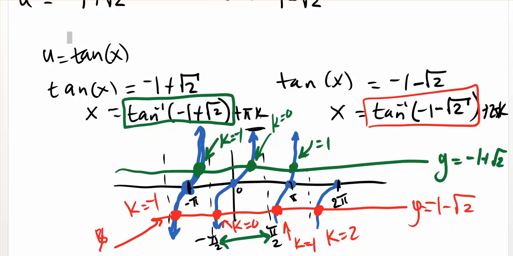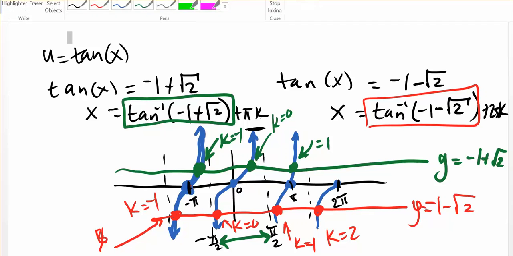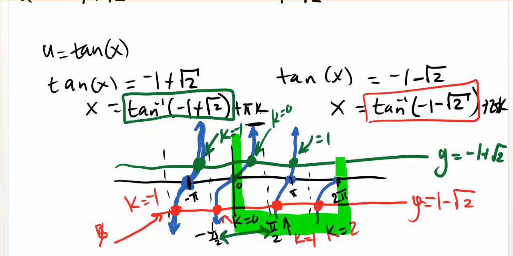You'll notice that the first solution for this one here is not included in 0 to 2 pi. So the first solution we use is this one, when k equals 0. Then we get one from this group when k equals 1, and one from this one when k equals 1, and the last one comes from this one when k is equal to 2.